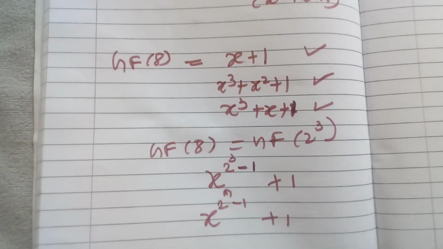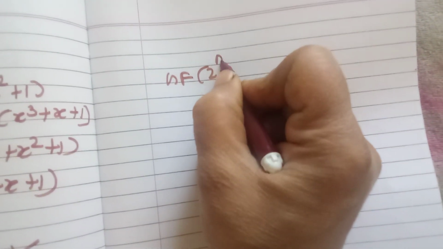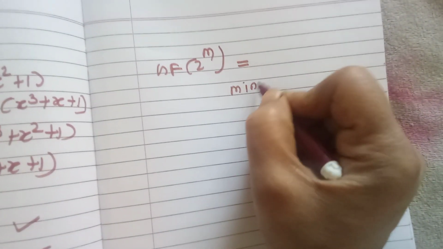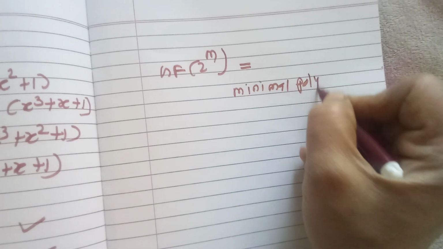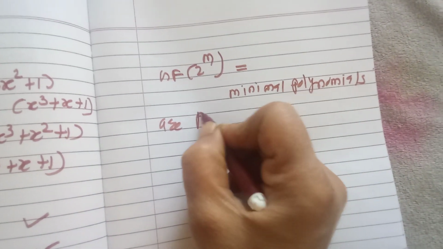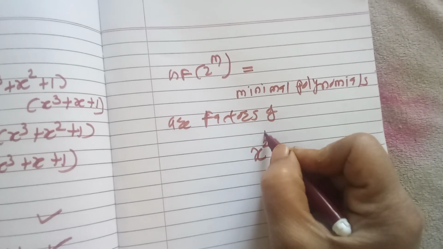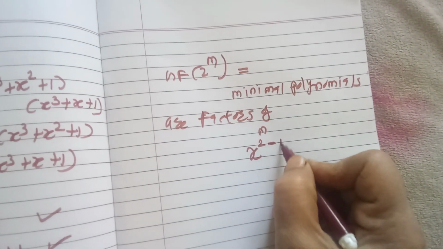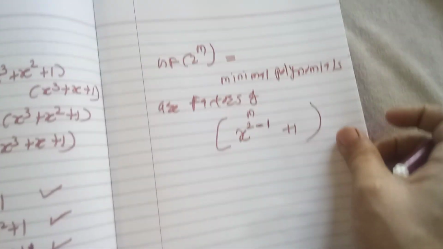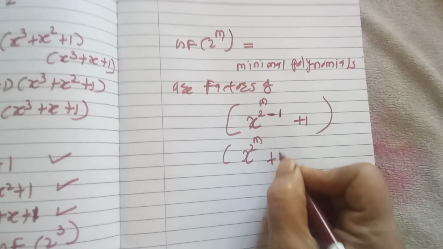plus 1. Or in other words we can say, if you are constructing Galois field 2 raised to m, then minimal polynomials are factors of x raised to 2 raised to m minus 1 plus 1, or we can say x raised to 2 raised to m plus x.